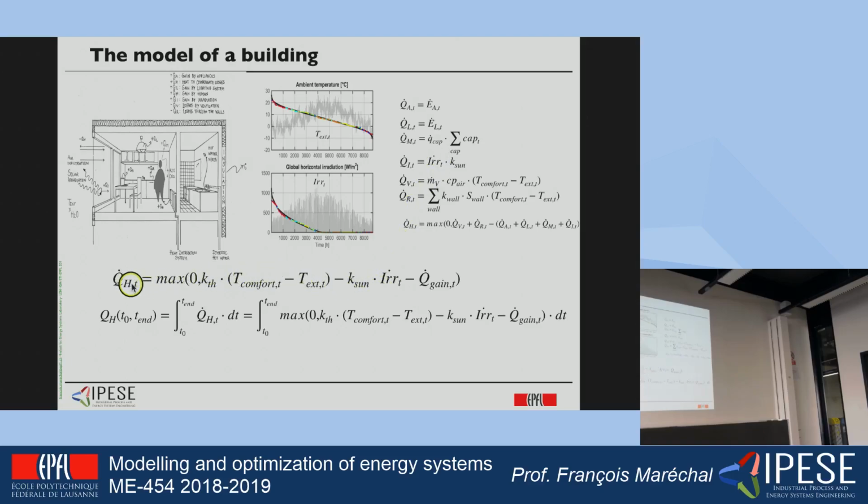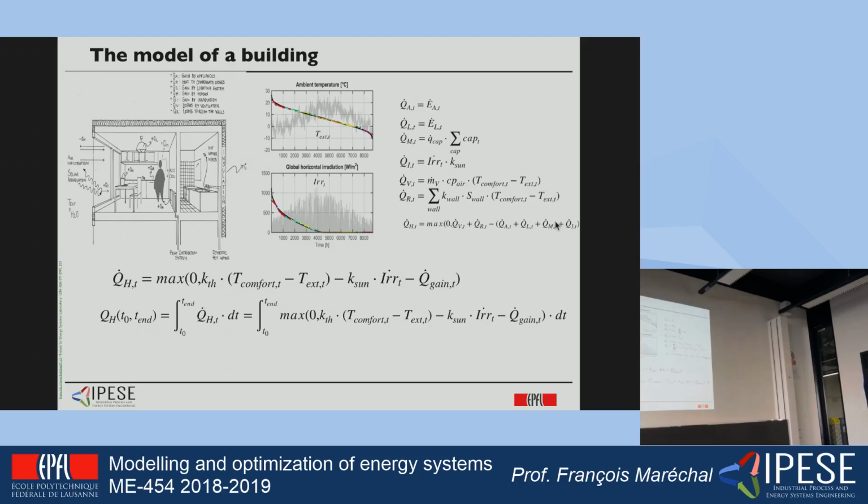So if I want to simplify my formula and use the measurements that I will have, I'm going to write the heat load as being a function of the temperature of the comfort minus the outside temperature, multiplied by a given parameter that I'm going to name kth for the thermal load, minus the gains coming from the irradiation, and this k here is the fraction of the irradiation that is defining the gains from the sun, plus a combination of gains, which are the appliances, the lights, the people in the system who are going to give me the profiles of energy supply in form of heat, and they will also give me the profile of the electricity consumption.